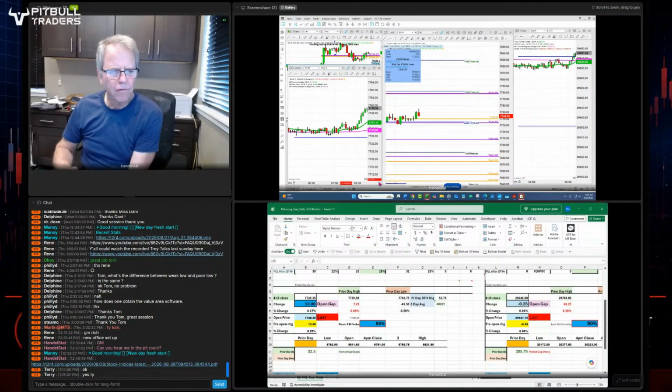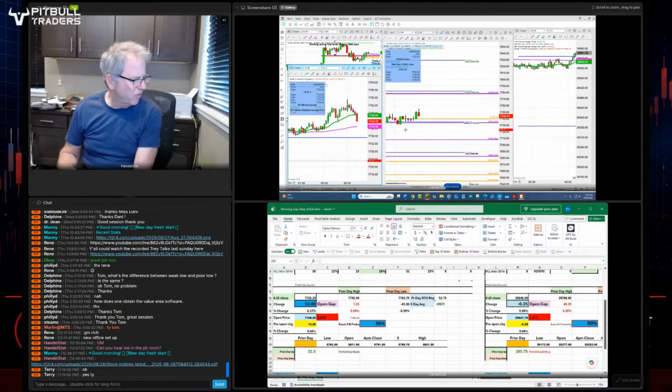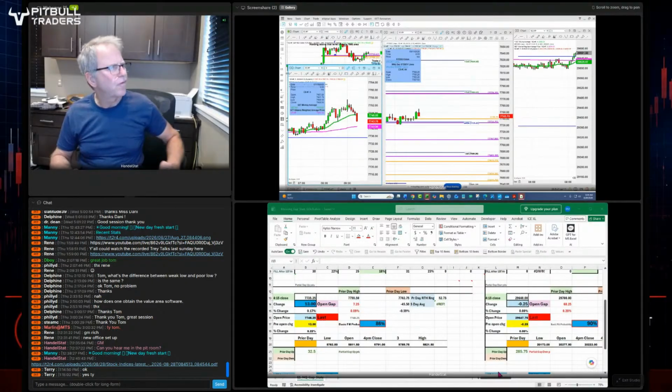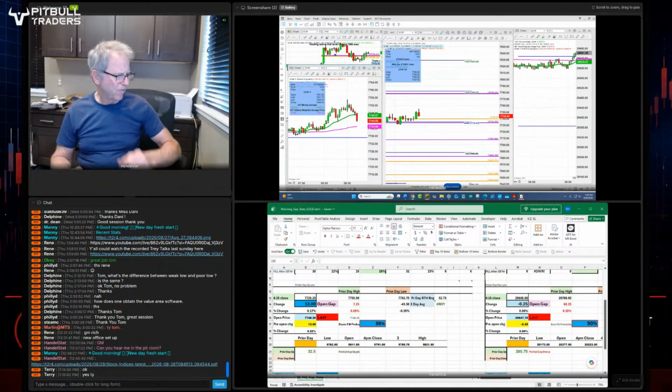So let's look at these charts real quick. Remember I said this should fill the gap in the ES and Q. Get back here to this, and that appears to be where they're headed right now, down to fill this gap.